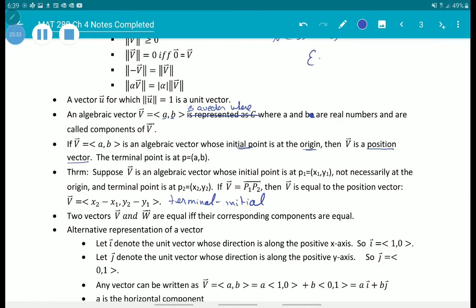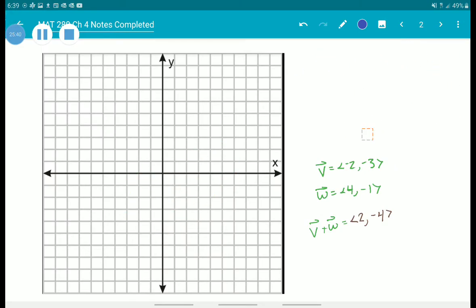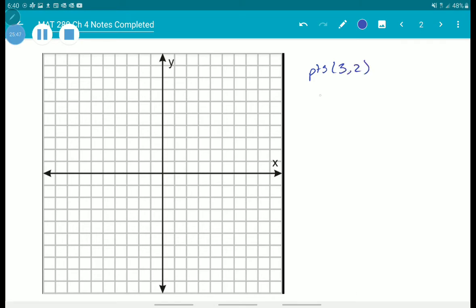So for example, let's do this on our Cartesian plane, going back here. Let's say we had points 3, 2, and -4, 5. So here's the point 3, 2. And here's the point -4, 5. So we're going to say this is the initial point.